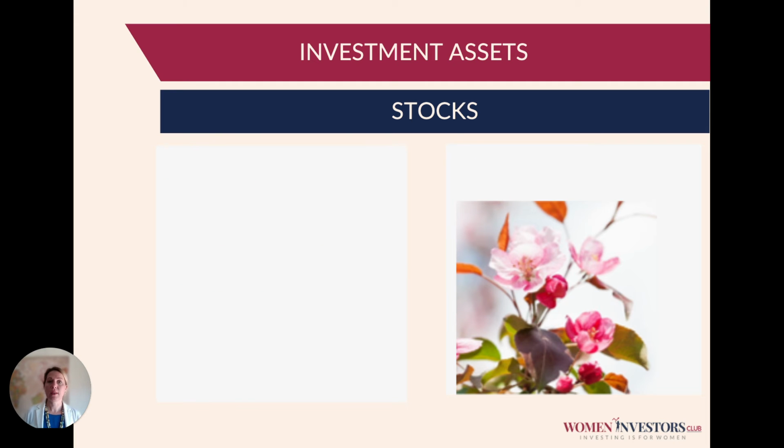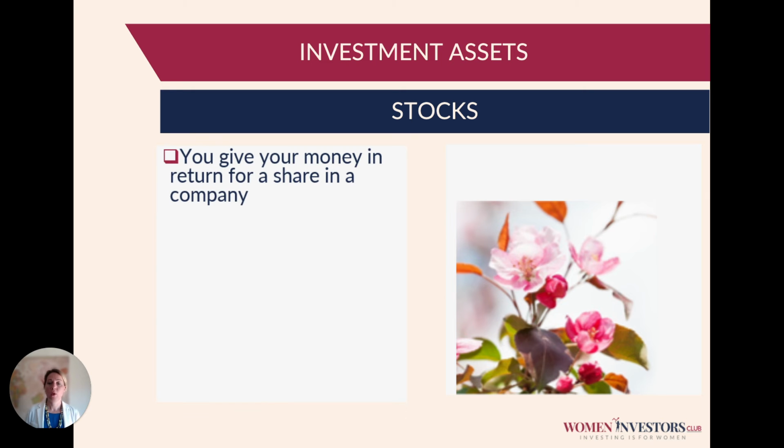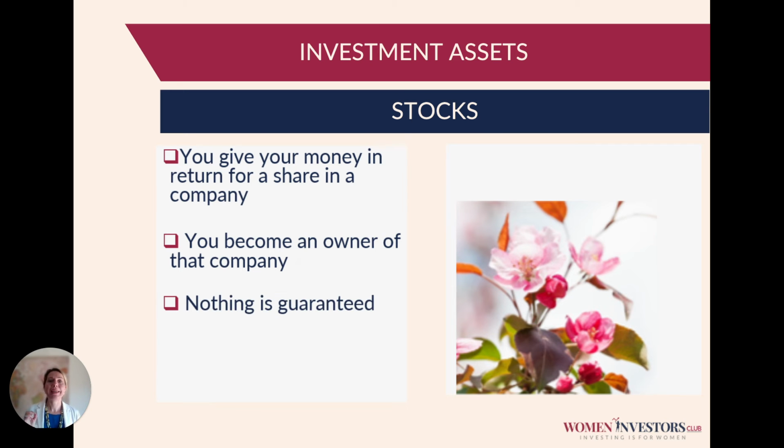Stocks. With stocks, the situation is different. We give money to a business in return for a share in the company. We become owners of that company. Even if we buy one stock, we are considered a shareholder, a small co-owner of the company. So nothing is guaranteed.